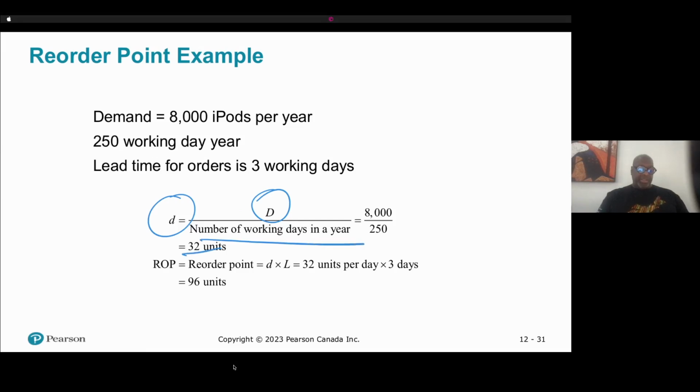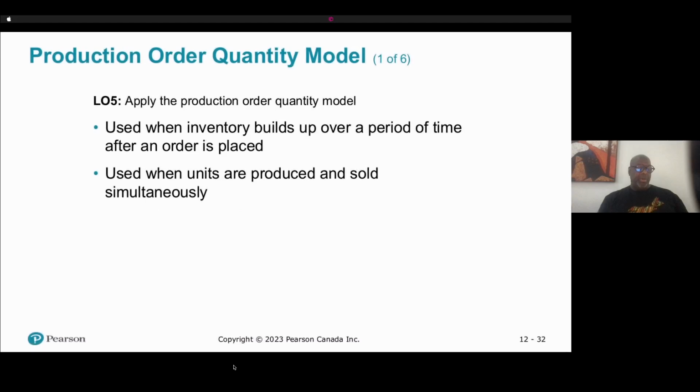In this example, we have 8,000 iPods per year, 250 working days per year, and a lead time of 3 working days. So compute that and bring it down to a daily demand, which turns out to be 32 units per day that you're selling. Then, with a lead time of 3 days, you multiply by 3, and that gives you your reorder point. So 96 units is what you must have on hand when you place the order for the item. Okay?